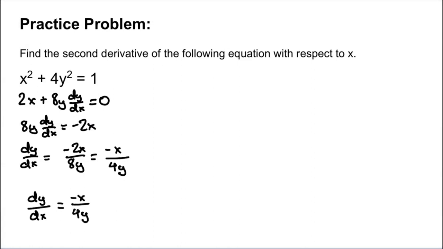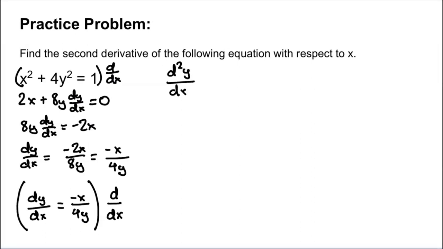Well, we're going to do the same thing that we did here. We took the derivative of this whole equation to get this differential, and we're going to do the same thing. We're going to take this whole thing and multiply it by d/dx. So now we're going to have the second derivative of y with respect to x. This is our new notation.